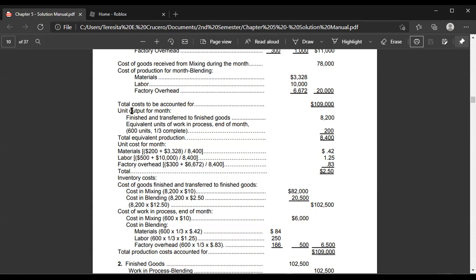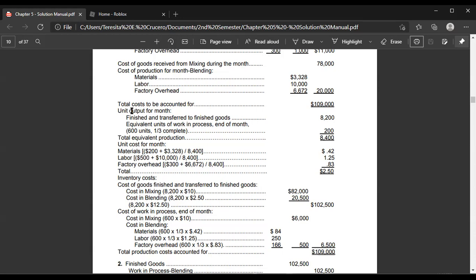So the total is 8,800 units. Now, how do we account for the units? Completed is 8,200 and the work in process at the end is 600. So, total units to be accounted for should tally with the units accounted for, in the same way that your total cost to be accounted for should tally with the total cost accounted for.